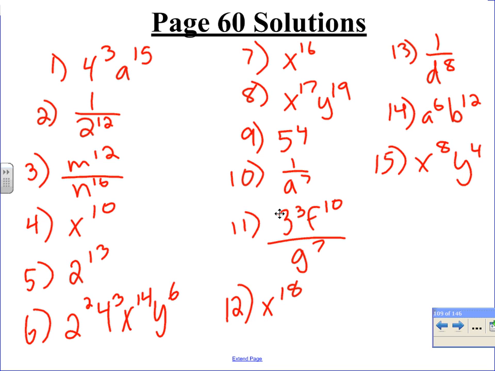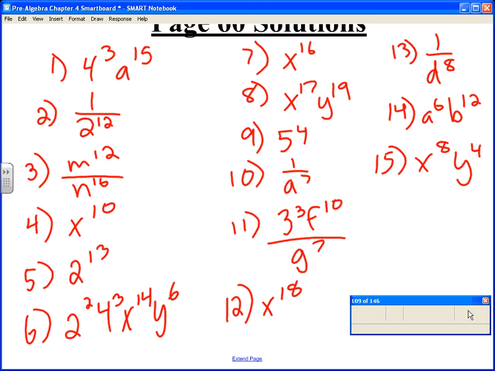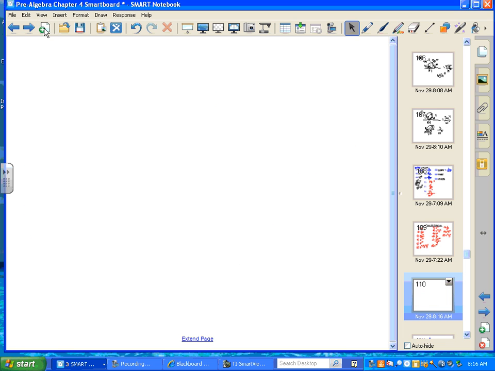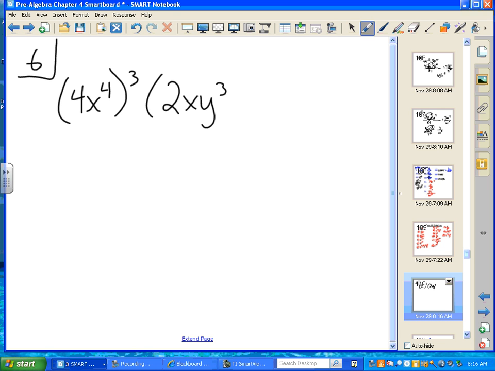Okay. Number 6, we have, let me write the problem down here first. All right, step 1. Put a 1 above anything that does not have an exponent. Okay? Distribute the exponents to everything. So we have 4 to the 3rd, x to the 12th. Doug, you with me?